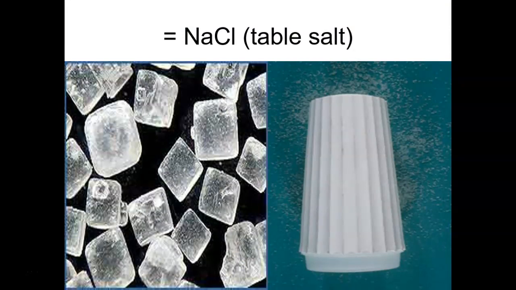And the end product after that reaction, because the sodium has one valence electron, excuse me. The chlorine has 7. So sodium would desperately like to get rid of its 1 electron.